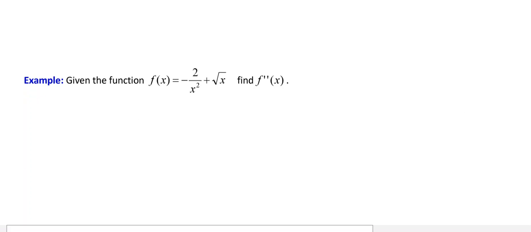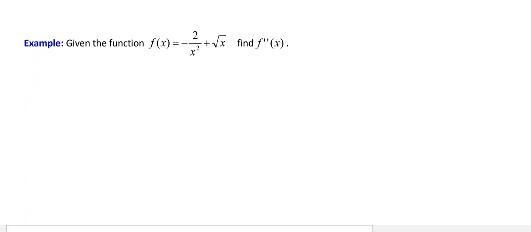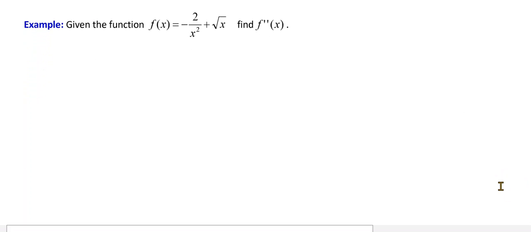And one more problem for this video. Let's rewrite this in a form that we can actually apply our derivative rules. This would be negative 2x to the negative 2 plus x to the negative 1/2. So that's just rewriting the original function.